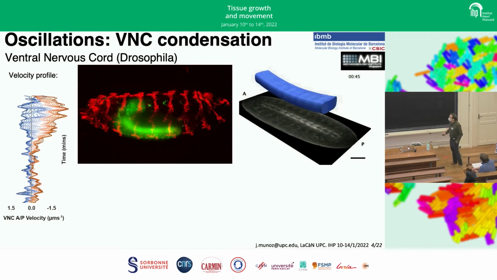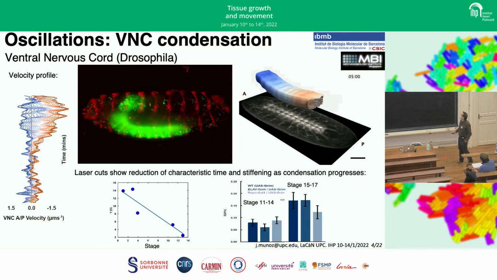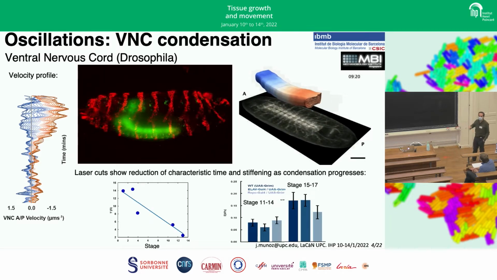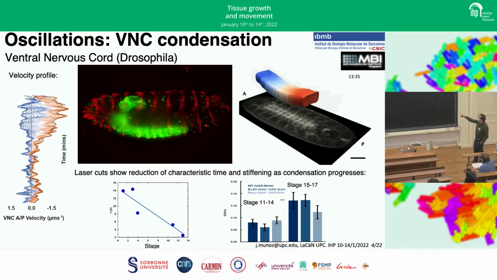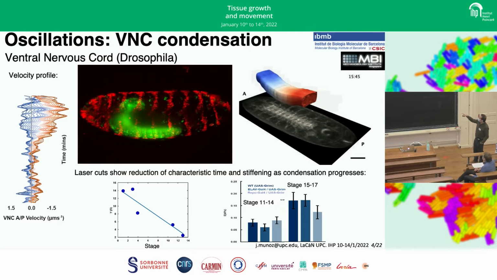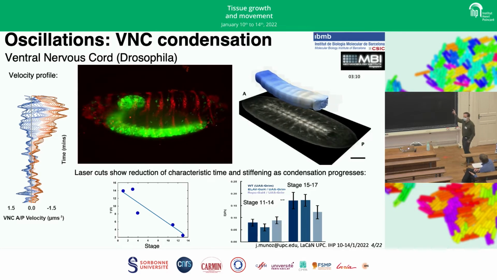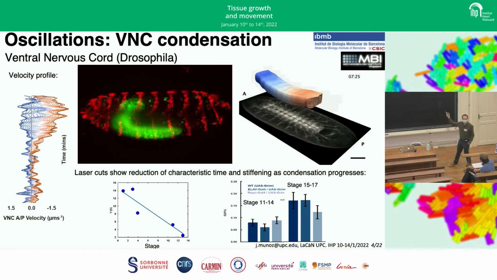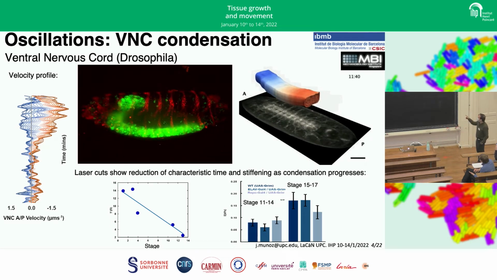There have been some mechanical measurements in order to quantify the viscoelastic properties. One of them looks at the characteristic time, so how much viscosity versus elasticity you have as time progresses, through the stages of the developmental process. Earlier it seems that viscosity is high, so viscosity is being reduced, or elasticity is being increased. So it's the ratio of the viscosity versus the elasticity, and the characteristic time of the system is being reduced.